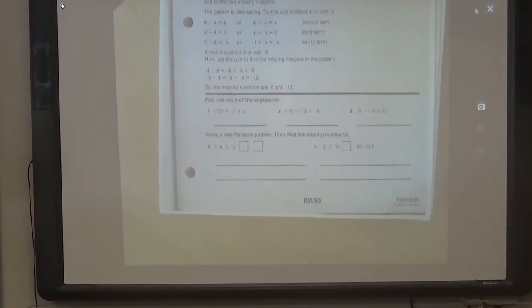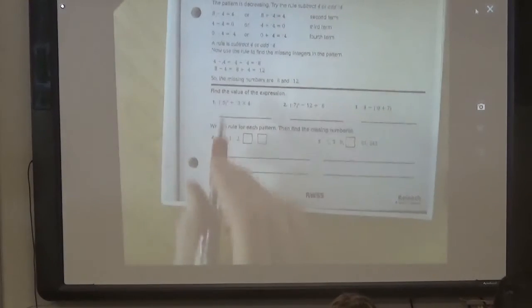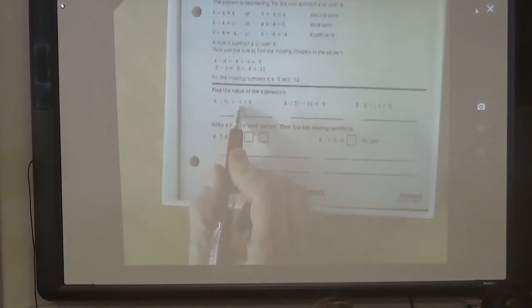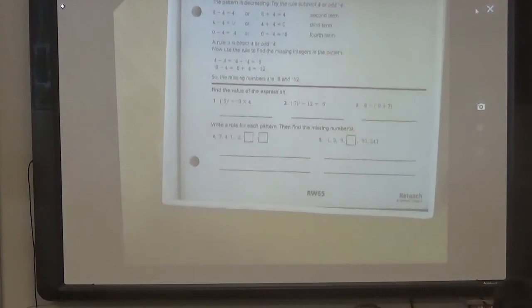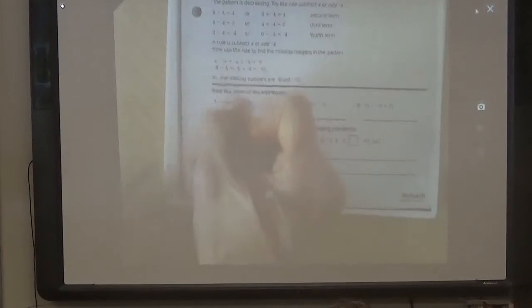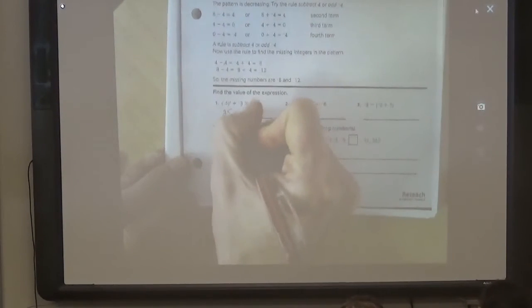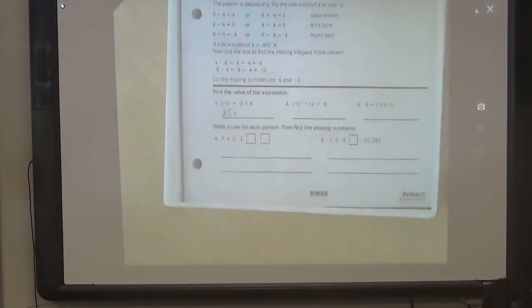Take a look at the first one. It says negative 5 squared plus negative 3 times 4. What should you simplify first? Kate? The negative 5 squared? What's negative 5 squared? Andreas? 25. So write the 25. And then put the plus sign.